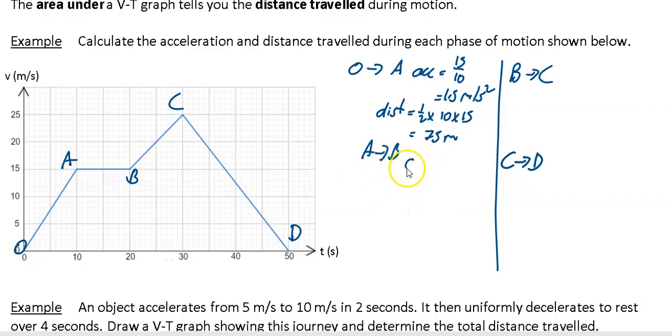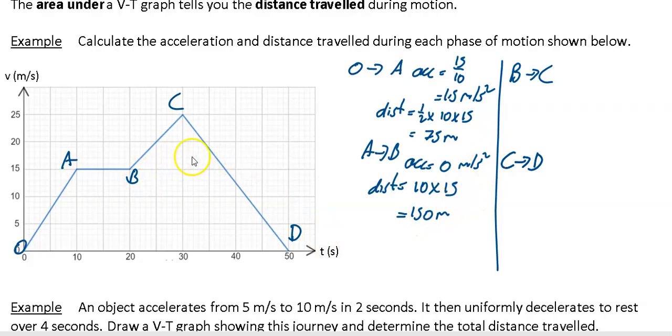That means your acceleration is equal to 0 meters per second squared. The distance for this section is just a rectangle. The base of the rectangle is from 10 to 20, so just 10. The height of the rectangle is 15, so the distance is 150 meters.